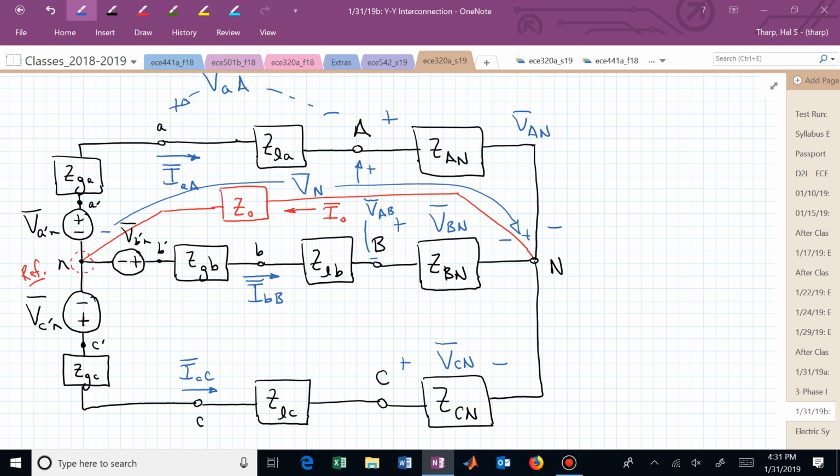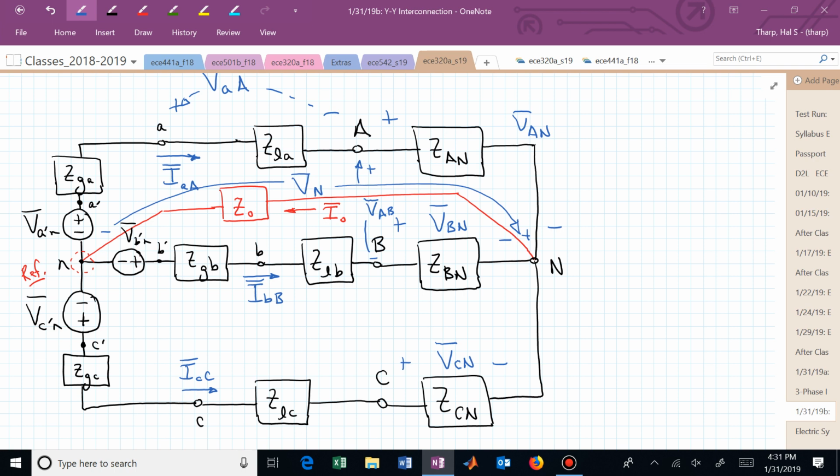Now you could say, oh, I know the voltage dropped across those impedances in the A phase. It's just the sum of the generator impedance plus the transmission line impedance plus the load impedance. And the voltage dropped across that relative to little n is V sub A prime N minus V sub capital N. Do you see that?